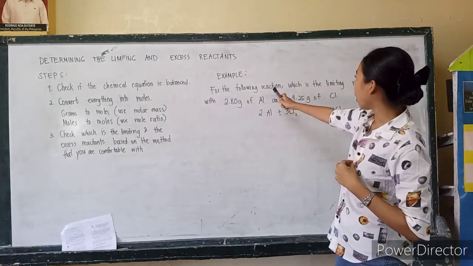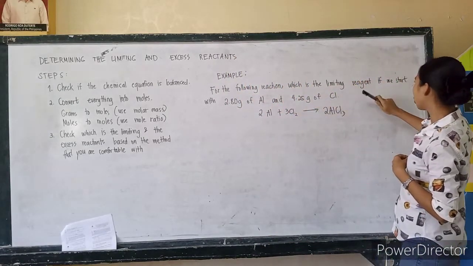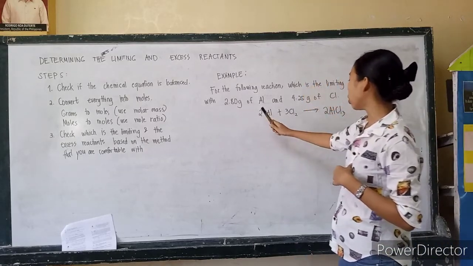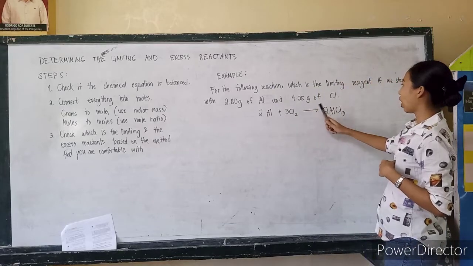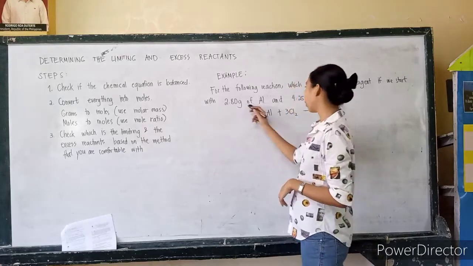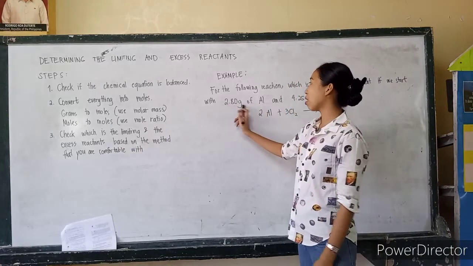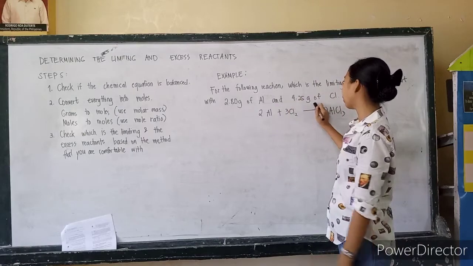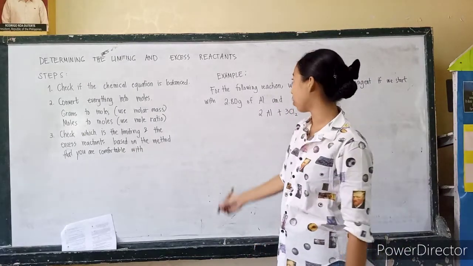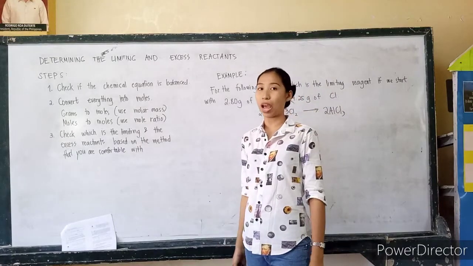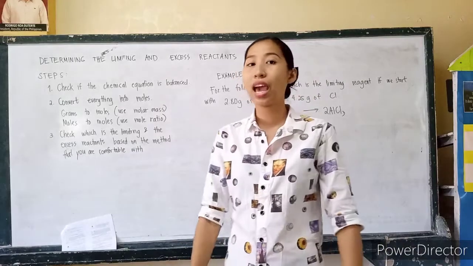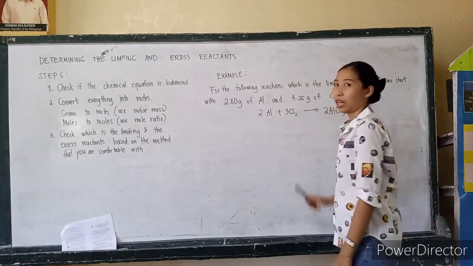For the following reaction, which is the limiting reagent if we start with 2.80 grams of aluminum and 4.25 grams of chlorine? Again, we don't base it on the amount of grams. It doesn't mean that because 4.25 grams of chlorine is heavier, chlorine is automatically the excess, or that 2.80 grams of aluminum is the limiting because it is smaller, because their atomic weights differ.